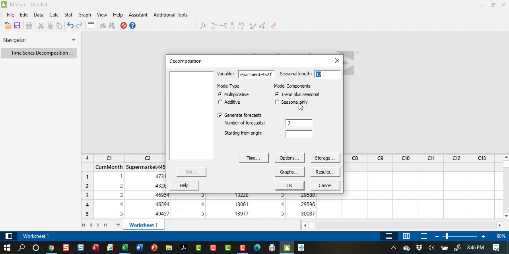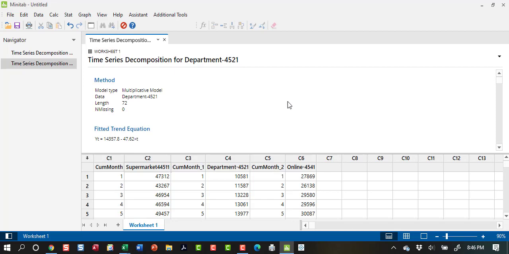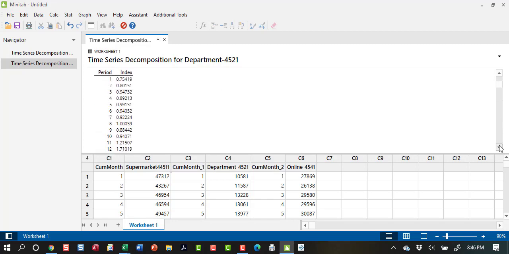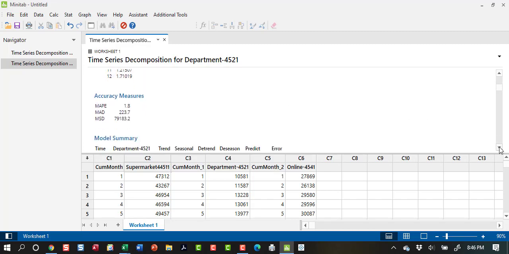Season length is 12, generate 7 forecasts, do the same as you did before. Okay, there we go. Now we can see that if this was a straight line, department store sales are decreasing by 47.62 million per month. December, 71% higher than normal.